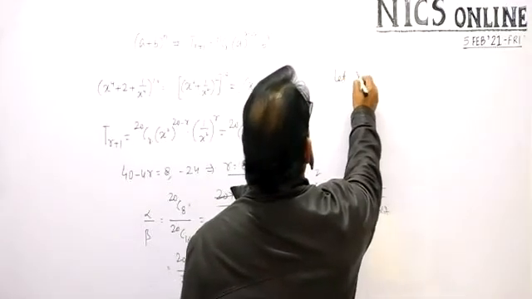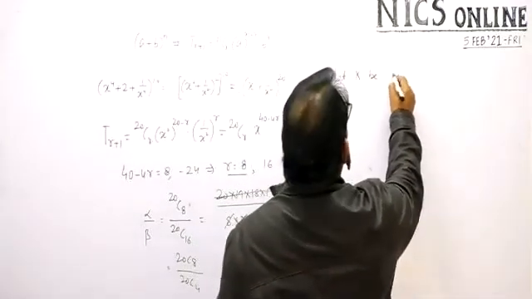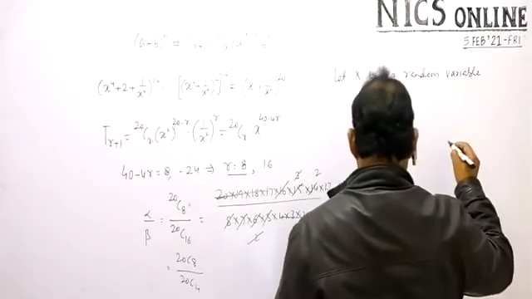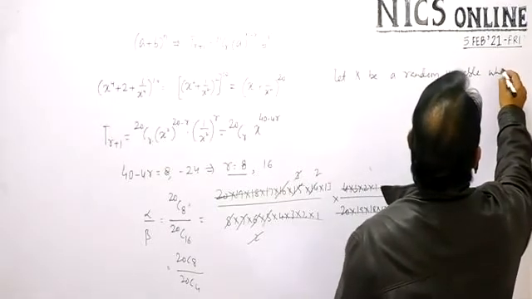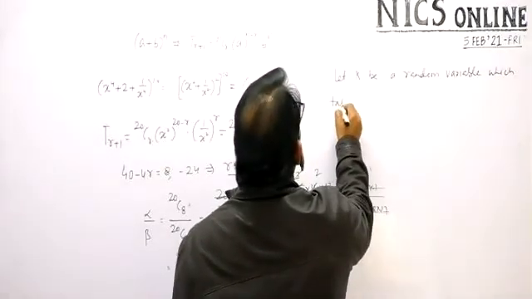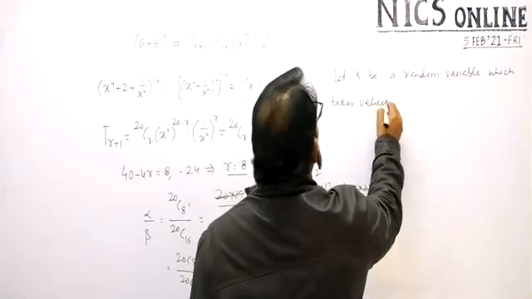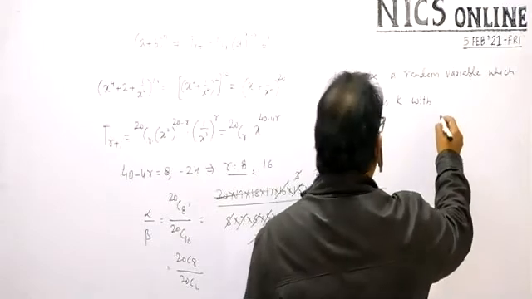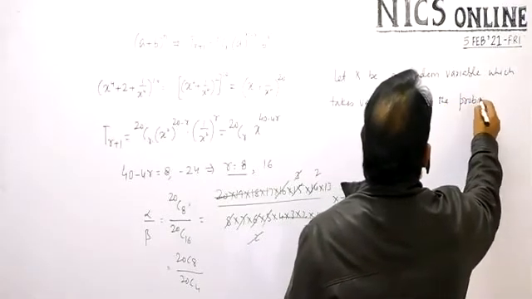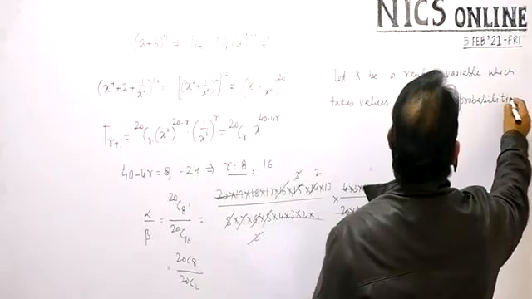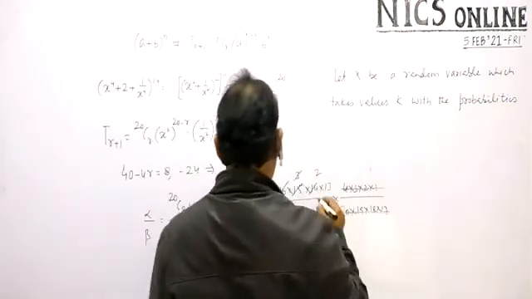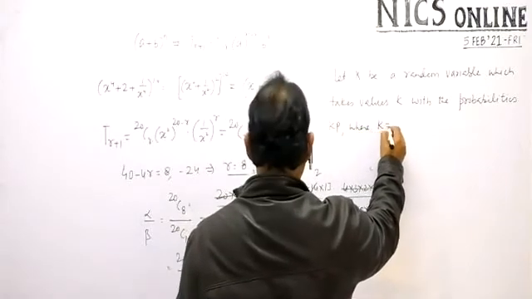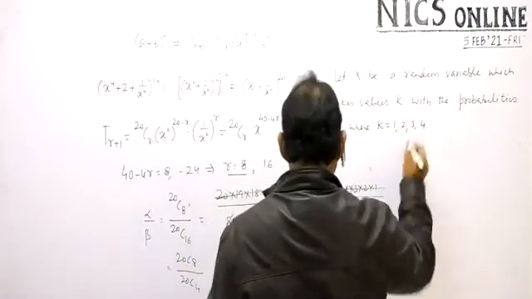Next question. Let X be a random variable which takes values 1, 2, 3, 4 with the probabilities k into P, where value of k has been given to us as 1, 2, 3, 4.